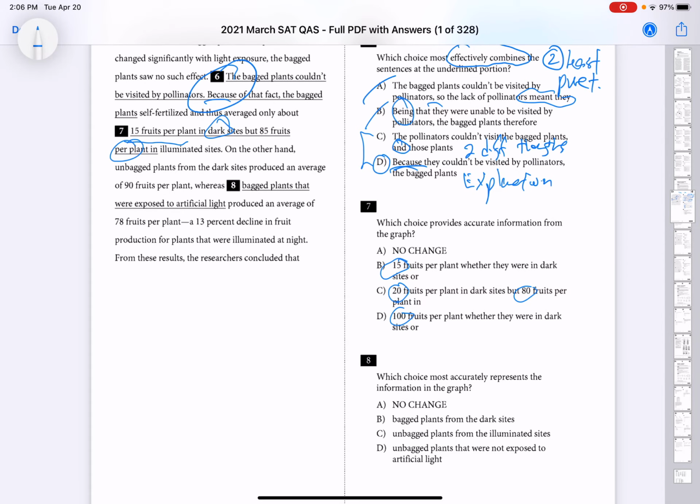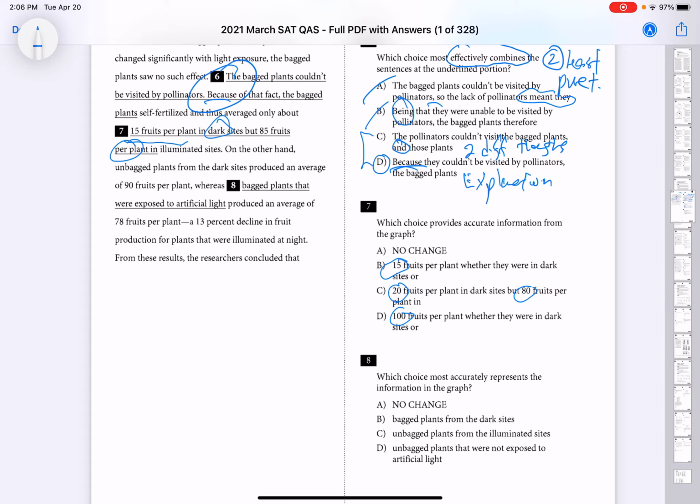So number 7 says, on the other hand, unbagged plants in dark produce an average of 90 fruits per plant, whereas bagged plants, no, I'm sorry, I did number 8 over here, number 7, because the bagged plants self-fertilize and thus average only about 15 fruits per plant, but 85 fruits in illuminated sites.